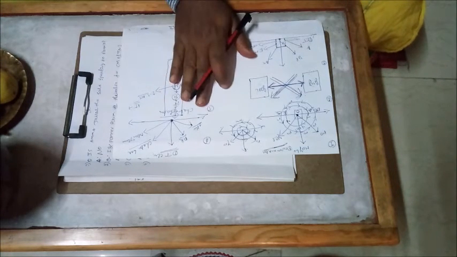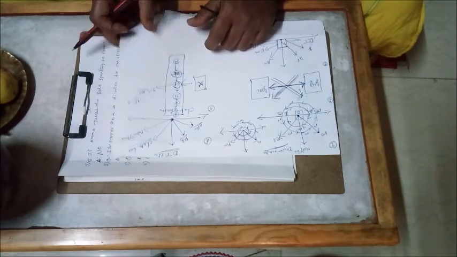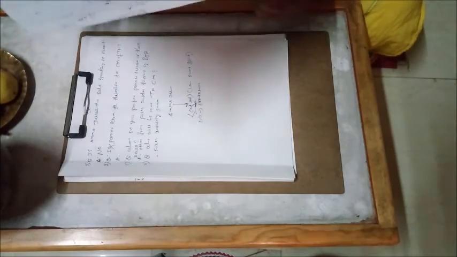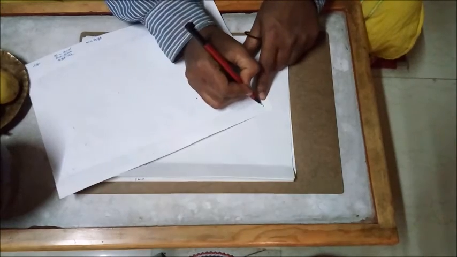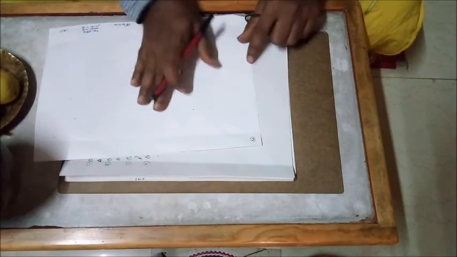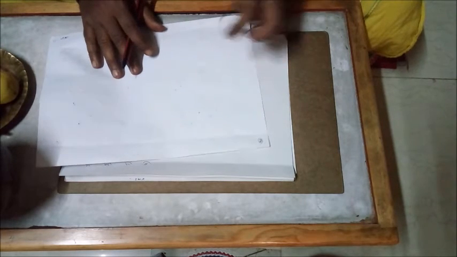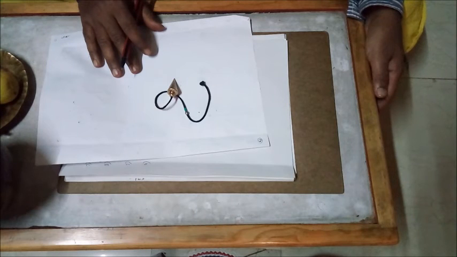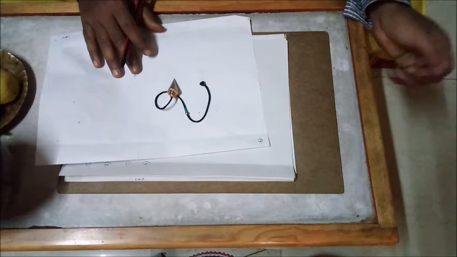This is one example, and let us go for something more interesting, that is astrology. How will we use this pendulum for astrology? This is chart 6, astrology. When it comes to astrology, it works based on timings, based on date, hours, seconds.